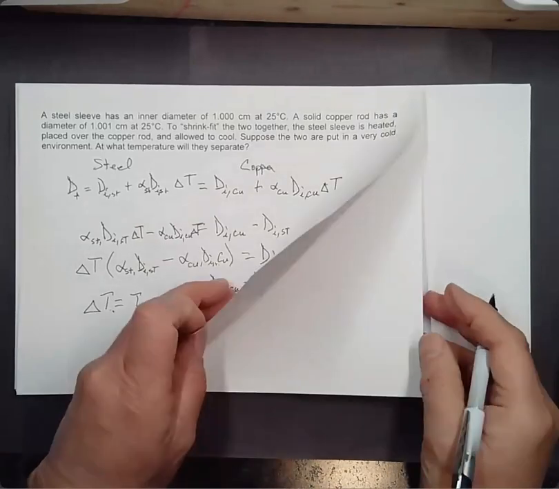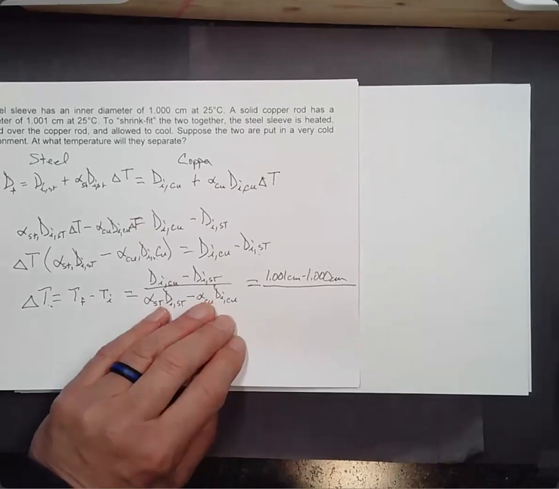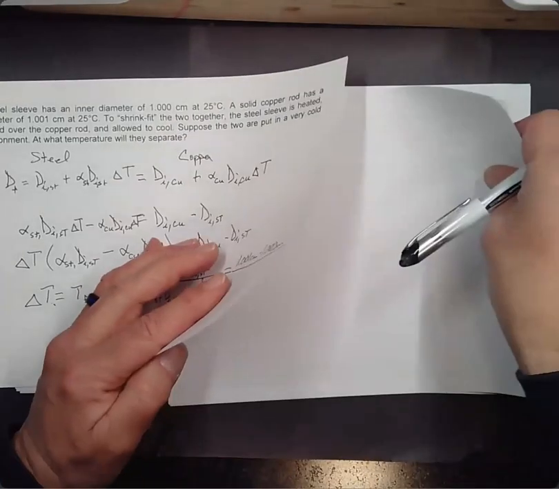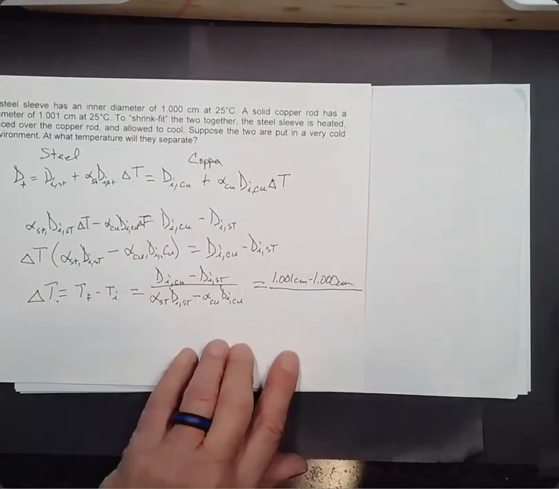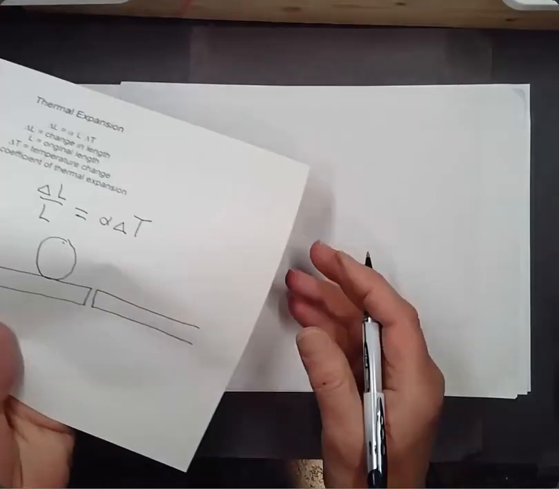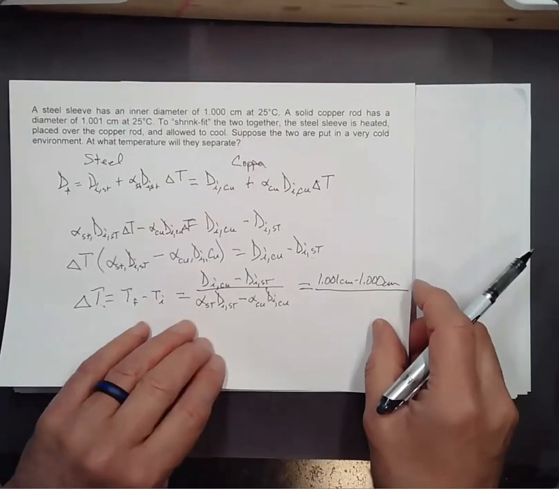I think I'll slip another piece of paper under here just so I can finish off the calculation. Alpha for steel. Oops, that's one I had to look up again. It is 13 parts per million.